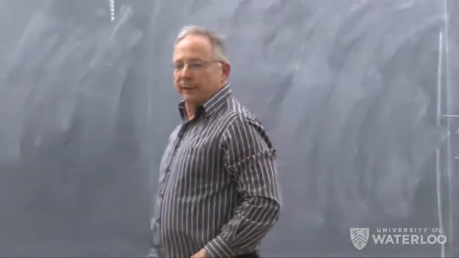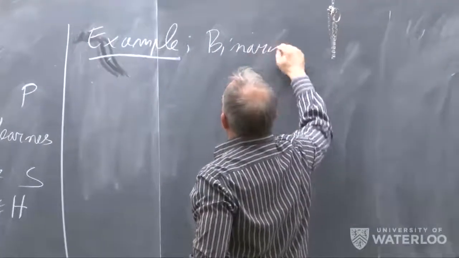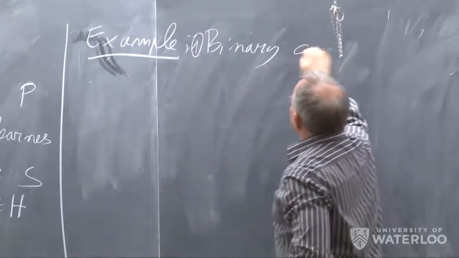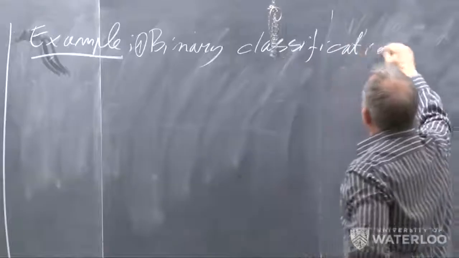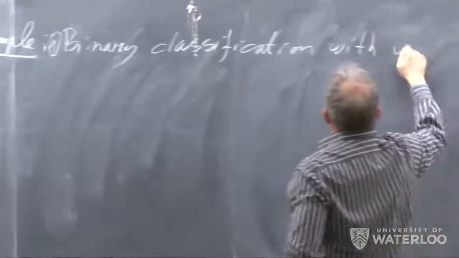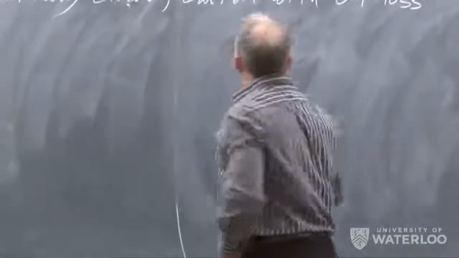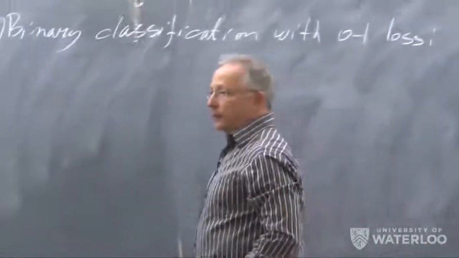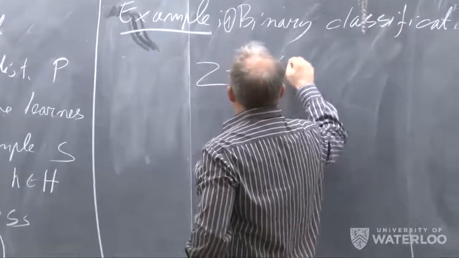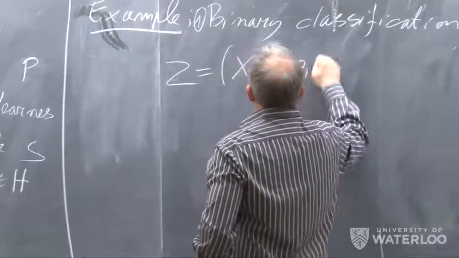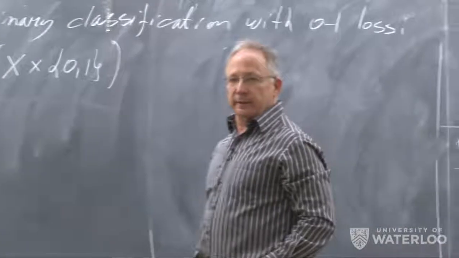So the most natural example is example 1, binary classification with 0-1 loss. So what is binary classification with 0-1 loss? Here Z is some pair X cross {0,1}, or any pair of labels, two labels here.